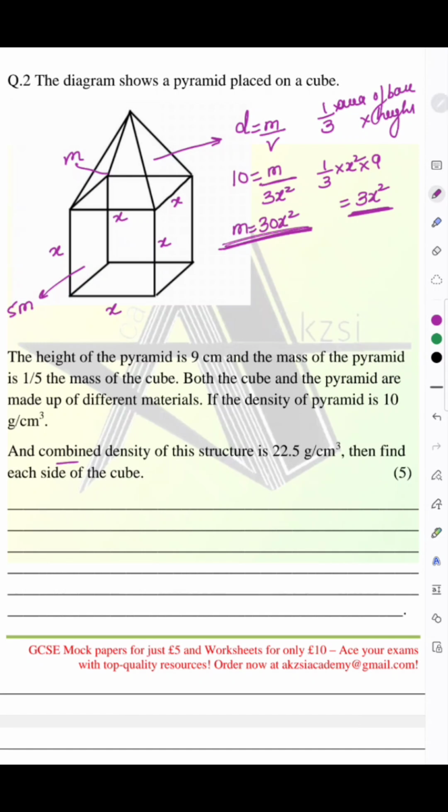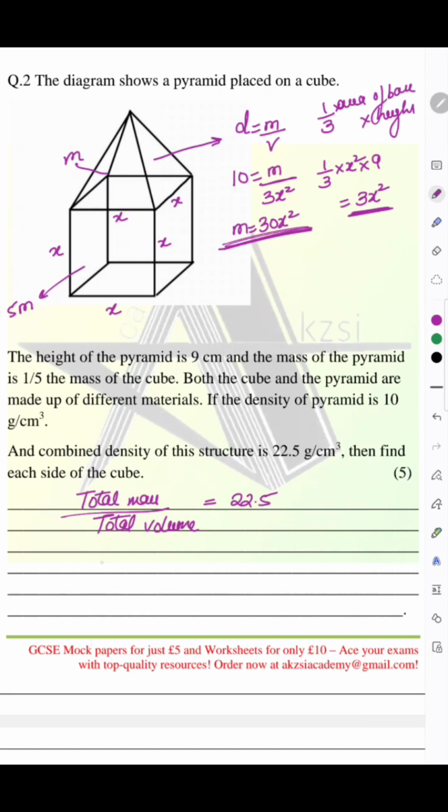Apart from that, they have given that the combined density of the structure is 22.5. Combined density means total mass over total volume. That means total mass of pyramid and cube over total volume, the volume of pyramid and cube, and this being 22.5.